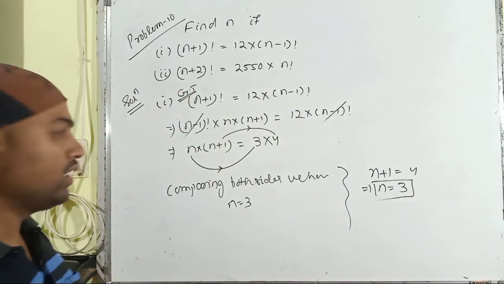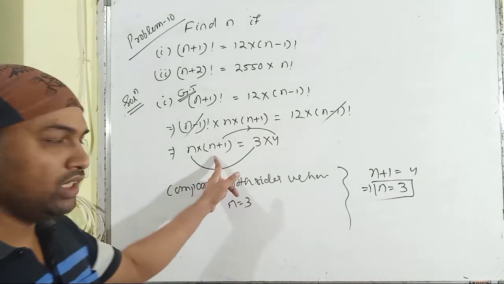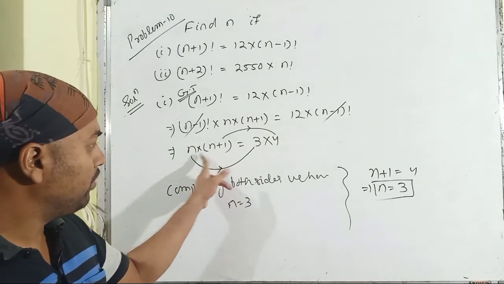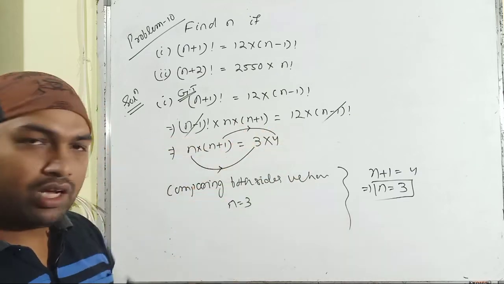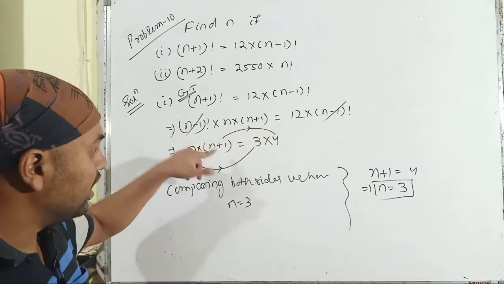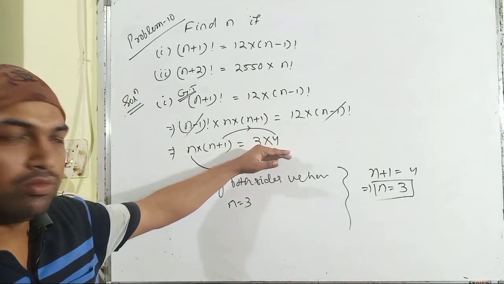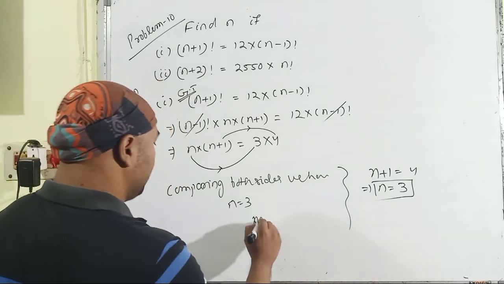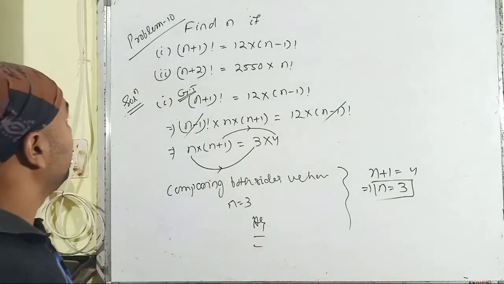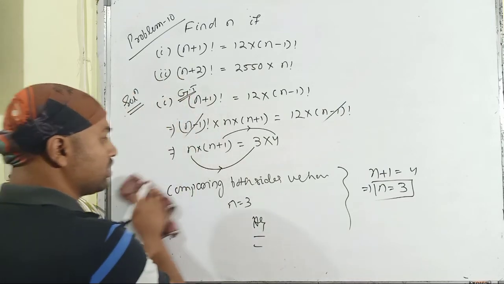Whether you compare the first two parts or the last two parts, the condition is that both must be consecutive numbers arranged in increasing order: n, then n plus 1, its next term, and 3 and 4, the next term to 3. And here is your answer for the first bit of problem number 10. Then moving on to the next bit.